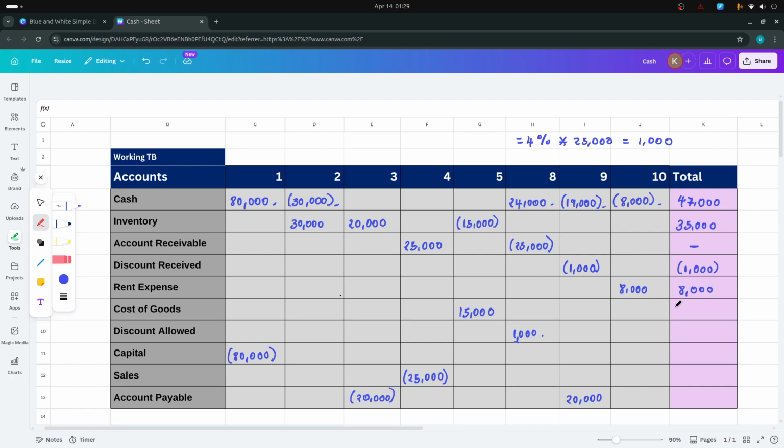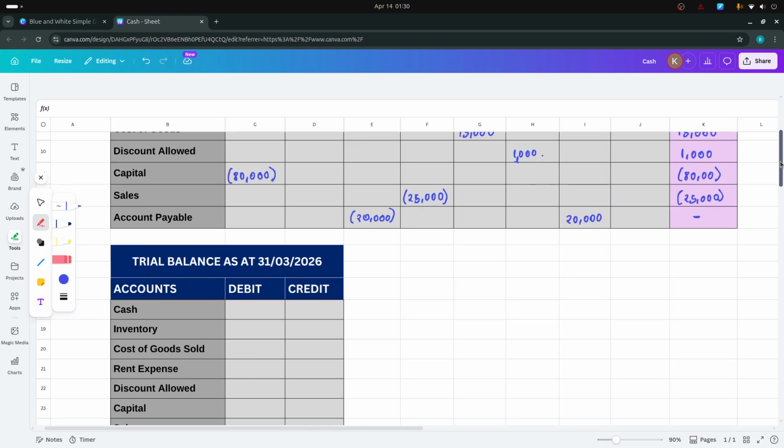Then for the cost of goods, we have a balance of 15,000. Then for discount allowed, we have a balance of 1,000. And then for capital, we have a credit value of 80,000. Then for sales, we have a credit balance of 25,000. And then for the accounts payable, it balances out as a 0 balance.